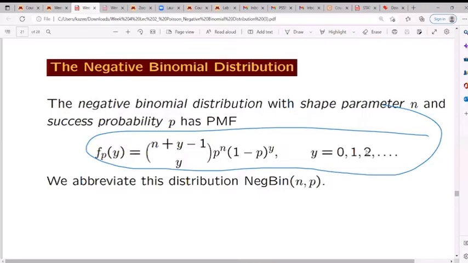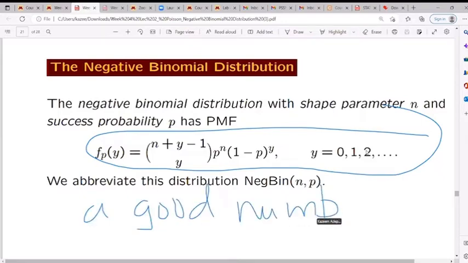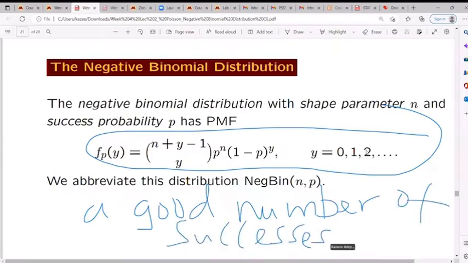But the negative binomial distribution is trying to say, how many failures am I going to have before I start recording a good number of successes? The geometric distribution is talking about the first success, but the negative binomial is talking about a good number of successes, not just the first success.